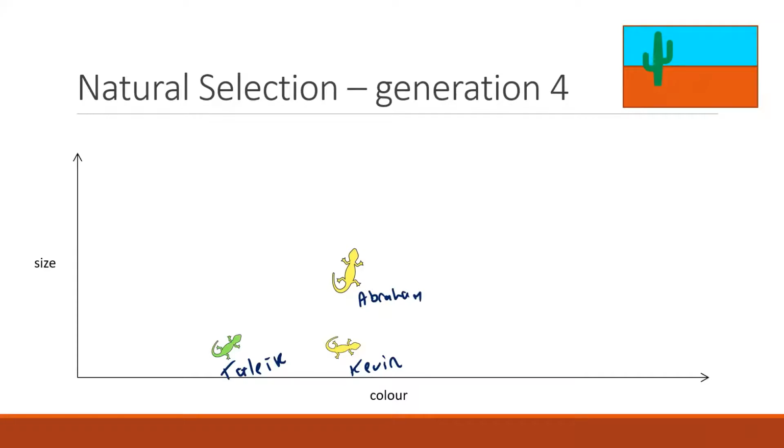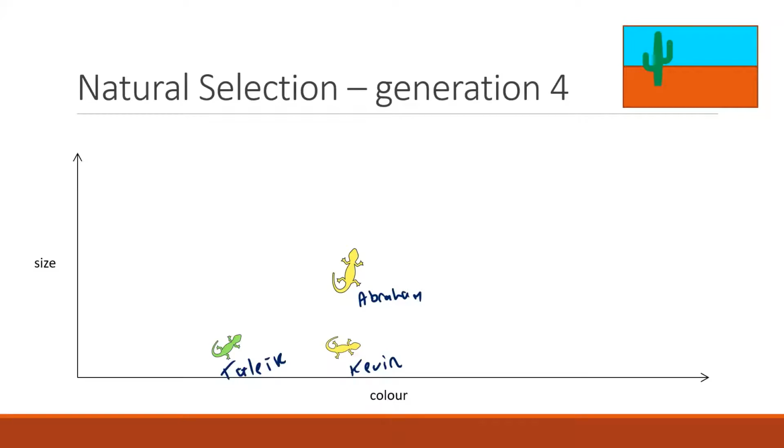Alethea's genes have been passed down through a couple of generations, and they end up in Talik, so he's still a bright green. But we can see Samir's yellow genes are being passed around, and maybe this Kevin lizard is a random mutation of the Samir genes, just smaller. Who knows?